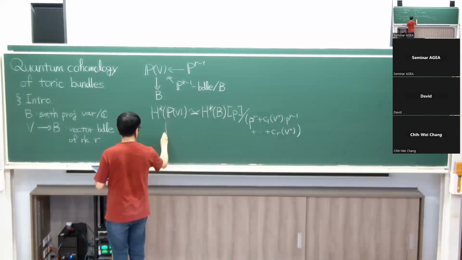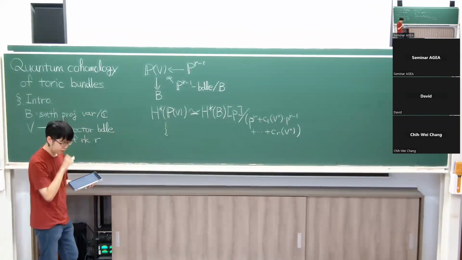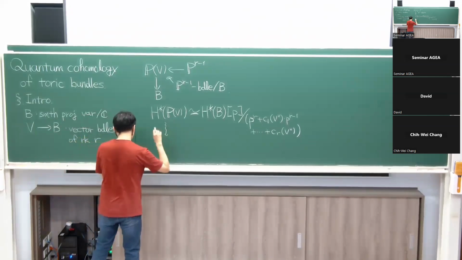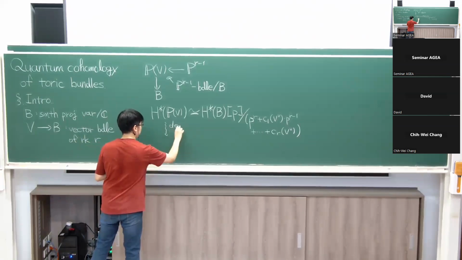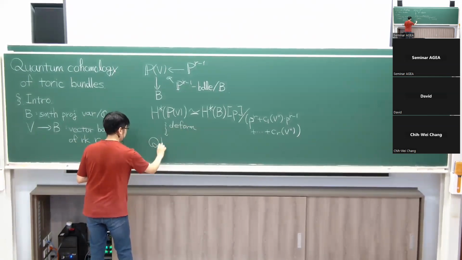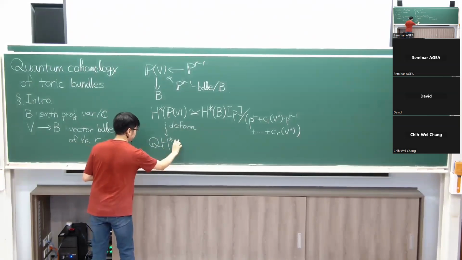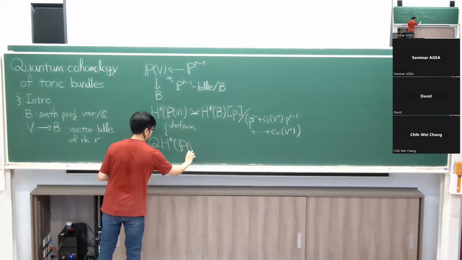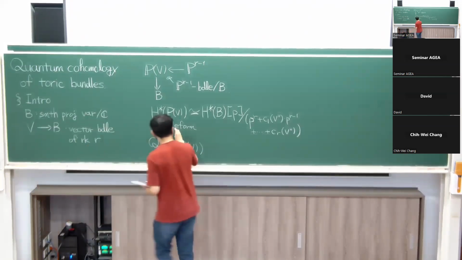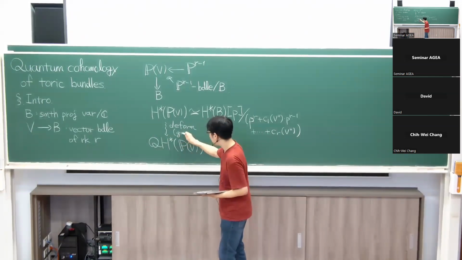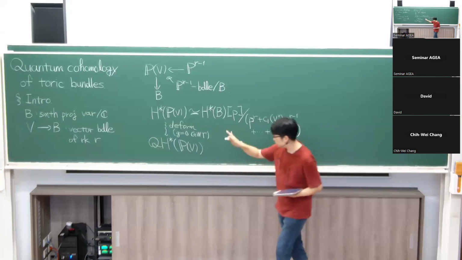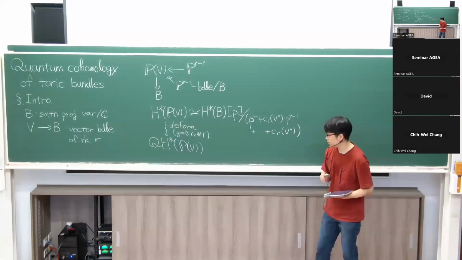A quantum cohomology is by definition a deformation of usual cohomology. Here we use genus zero Gromov-Witten theory for the total space.